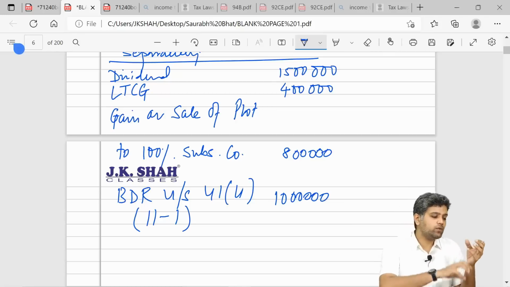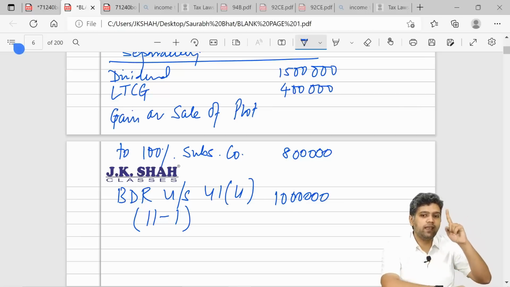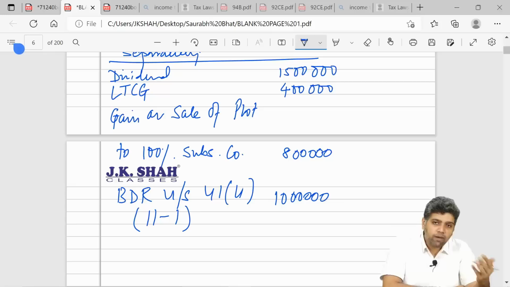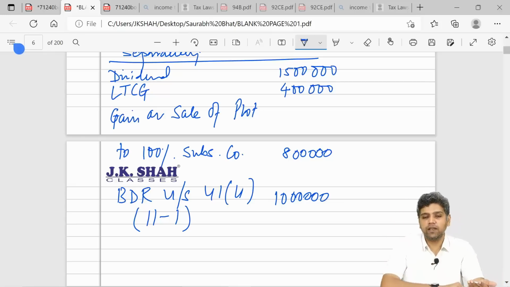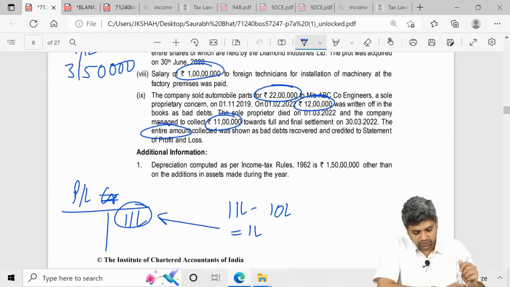So the 10 lakhs which was not allowed gets adjusted first, and whatever is the excess 1 becomes my taxable income. But in my P&L, I showed the entire 11 lakhs as income. So as a result, the excess 10 lakhs which I have shown as my income would now be reduced from the total taxable income. That is what we have done.